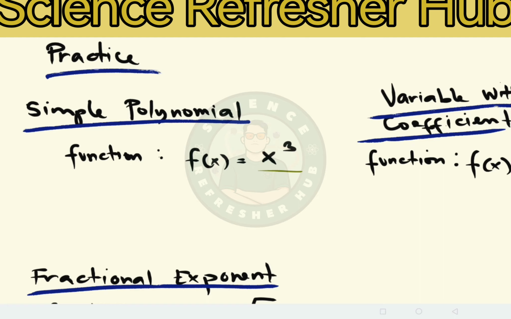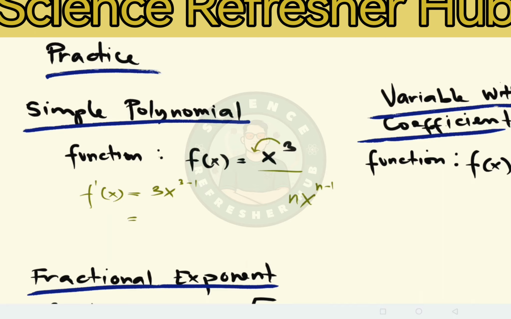To get the derivative of x raised to 3 or x cubed, prime of x or derivative of x cubed with respect to position, all you have to do is put 3 here in front like this, 3, copy the variable x, and then remember this is n minus 1, right? So 3 minus 1.